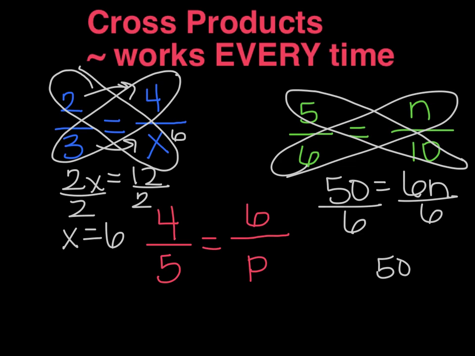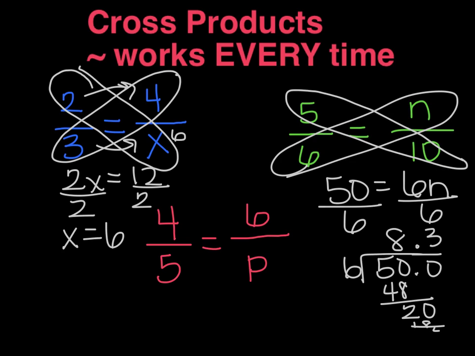So I'm going to do 50 divided by 6, and I'm going to add my decimal on there. And I know that 6 can go into 50 8 times, and I'm going to subtract and get 2. And I'm going to bring down my 0, and 6 goes into 20 3 times, and I get 18. And I subtract, and I get 2, and I'm really sorry, I'm running out of room. I dropped another 0.